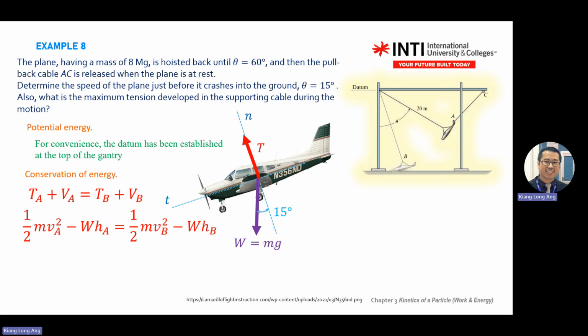It's not positive. Why is mgh negative? I mentioned something, right? Because what? Datum. Datum over here. Your object is where? Below. Your object is below the datum, so you get negative mgh.